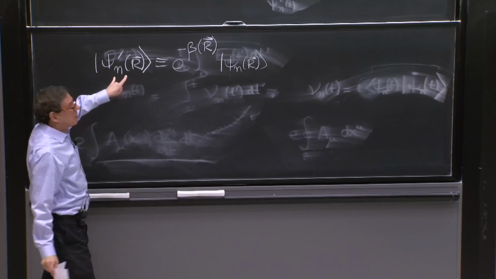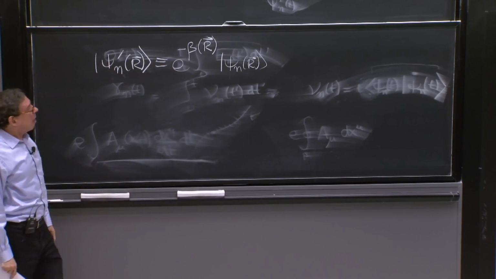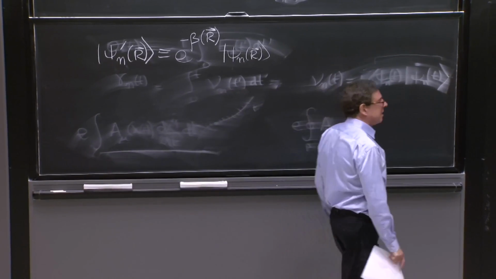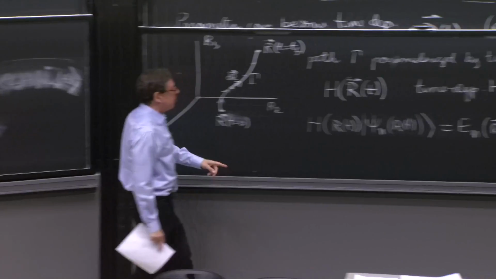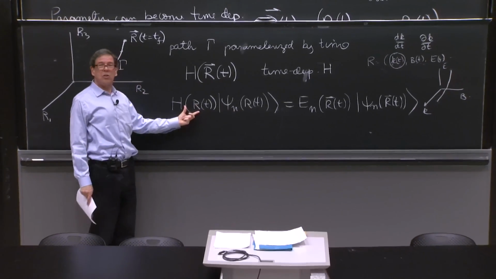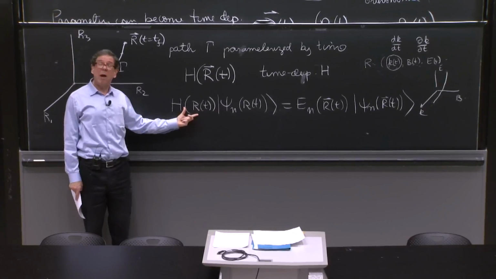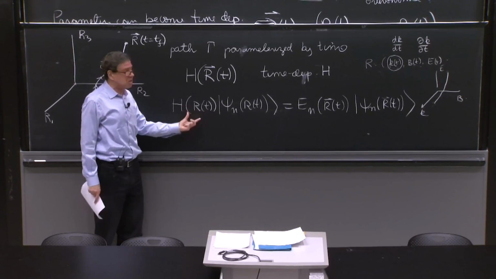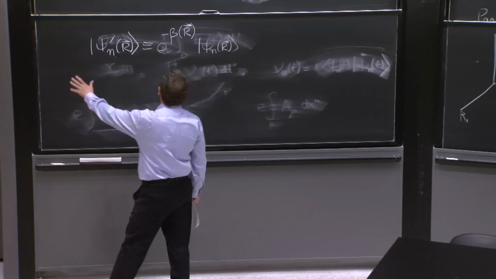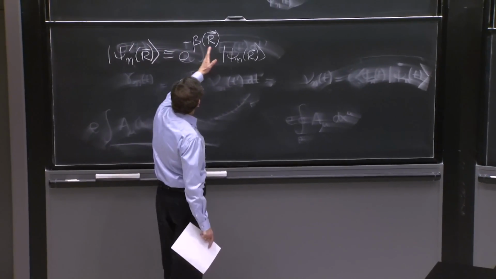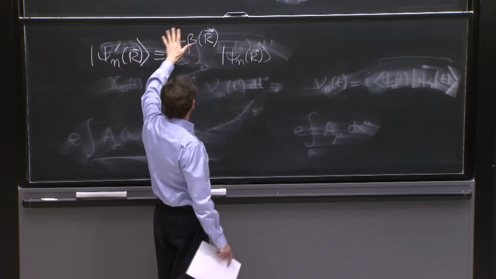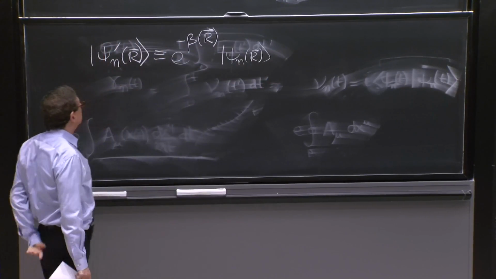These new states are instantaneous energy eigenstates that are as good as your original psi n, because this equation also holds for the psi n primes. If you act with the Hamiltonian, it just goes through this and hits here, produces the energy, and then the state is just the same.